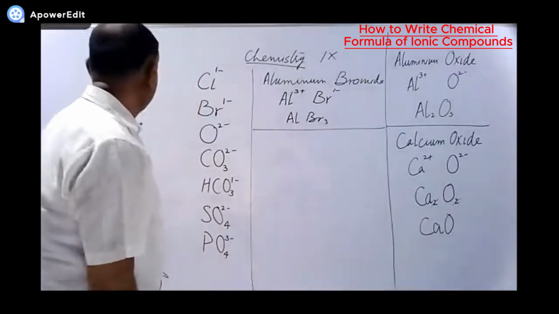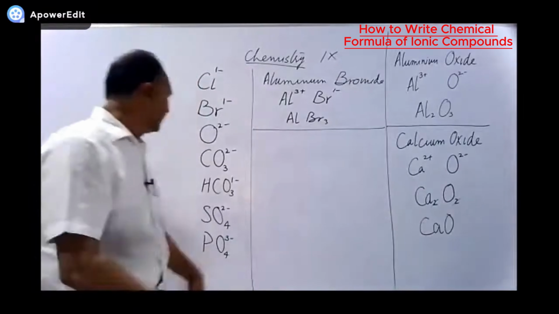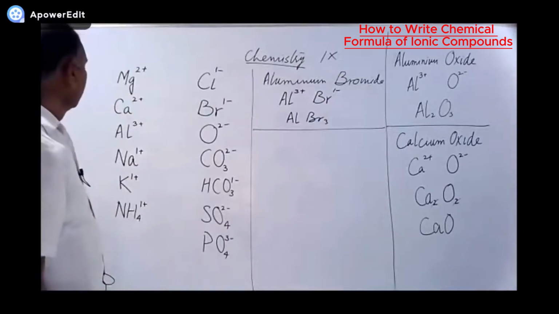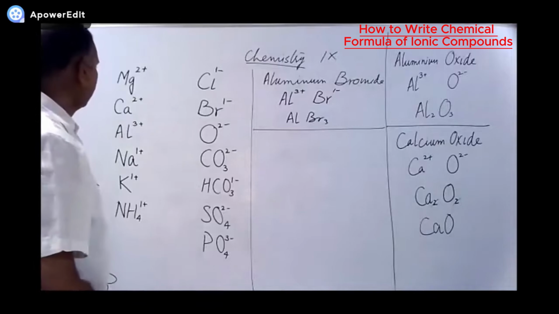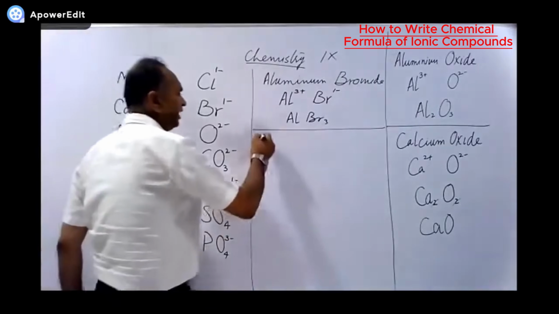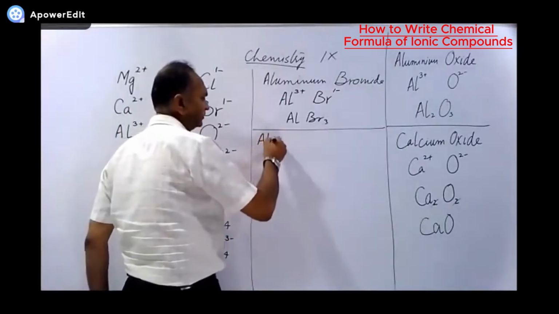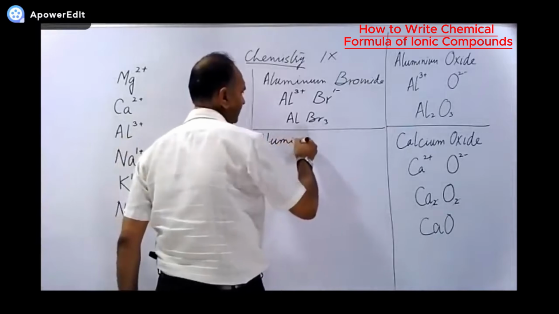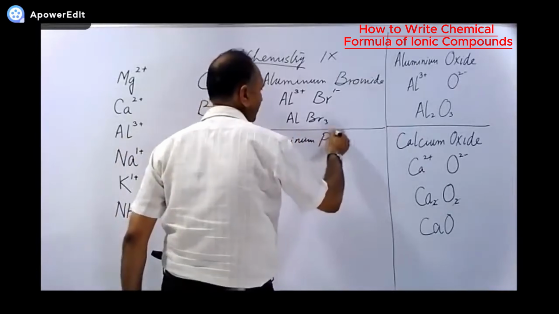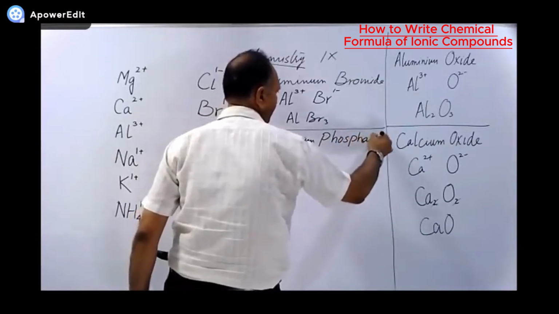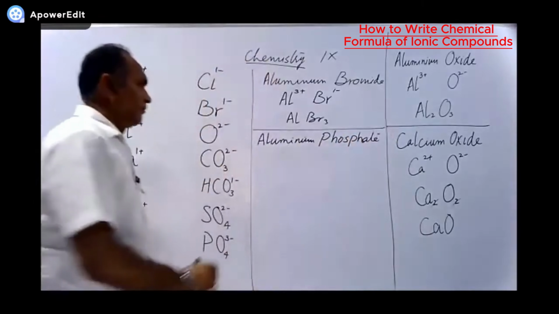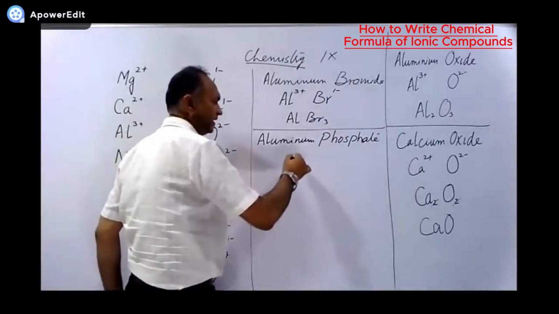All right. Now let's bring a change. Now let's try to write aluminium phosphate. Aluminium, Al.